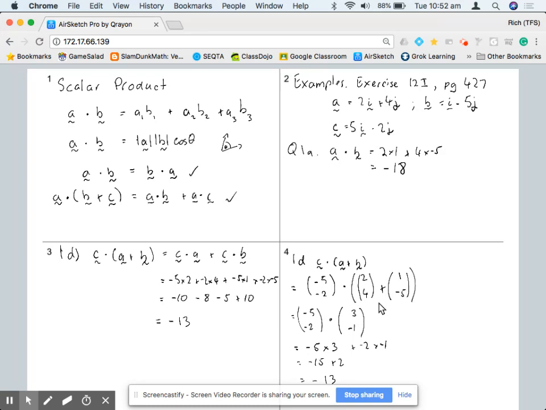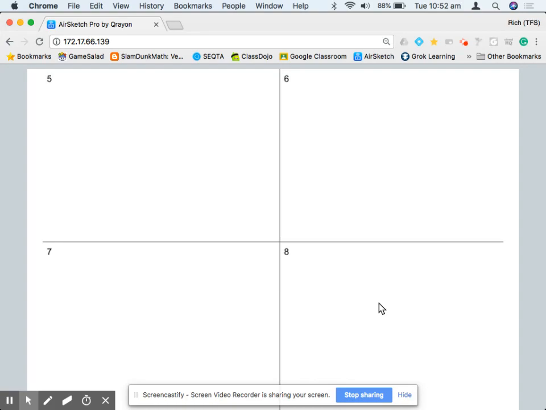So 2b uses different vectors, u vector, v vector and w vector, and they are presented in column format already. So let's just get stuck straight into it. 2b says, what's u vector dot product with v vector minus w vector? Sorry, my vector symbols are a bit dodgy.